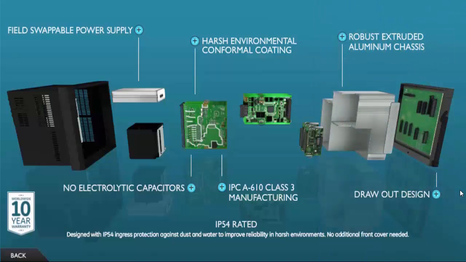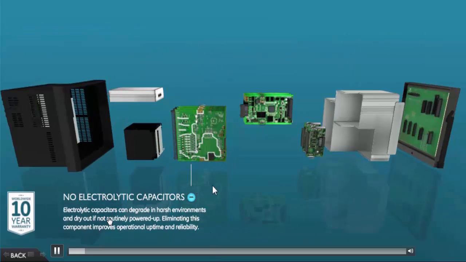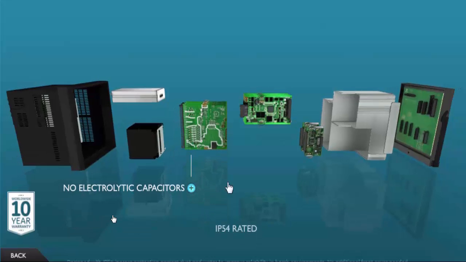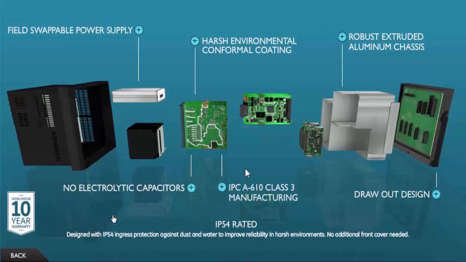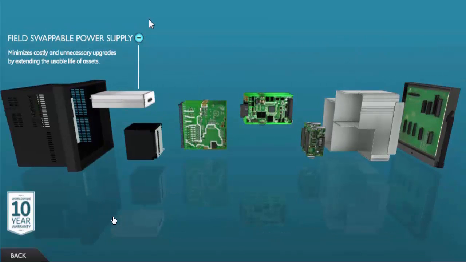Some new technology used in 8 series are no electrolytic capacitors, which increased quality and reliability for continuous operation, and also that annual exercise of the capacitor is no longer needed. Built-in field swappable power supply, which extends the usable life of the relay.